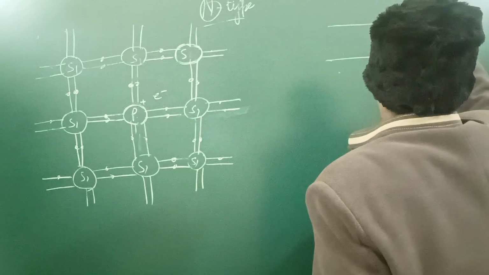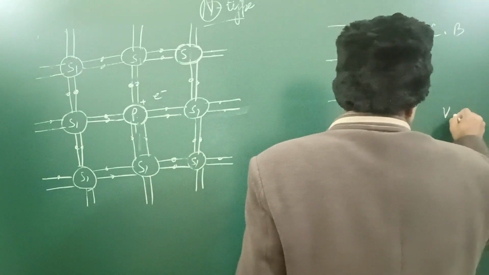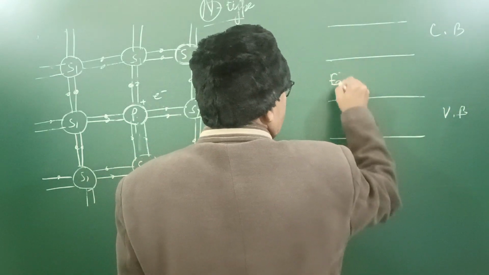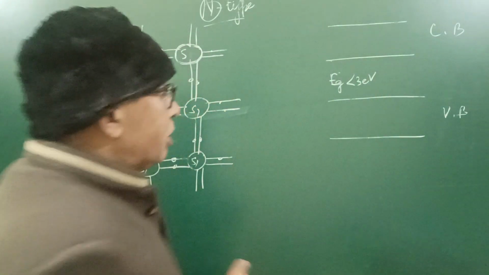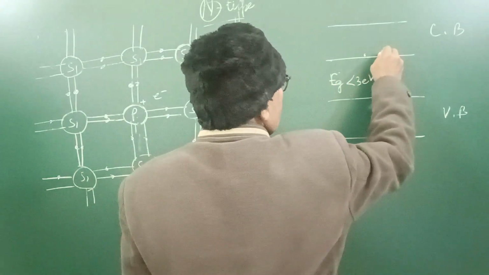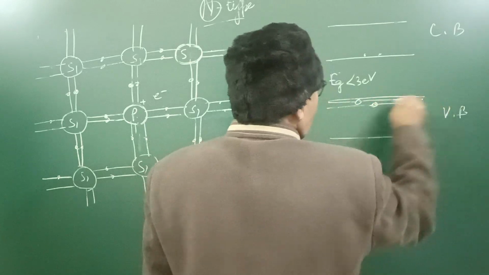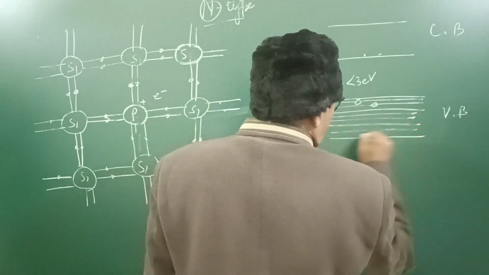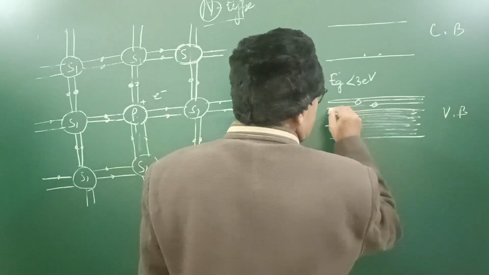This is conduction band, this is valence band, and here energy gap is less than 3 electron volt. At room temperature, some electrons are present due to thermal, some holes are there due to thermalization. At low temperature, valence band is completely occupied by electrons, no energy level vacant.